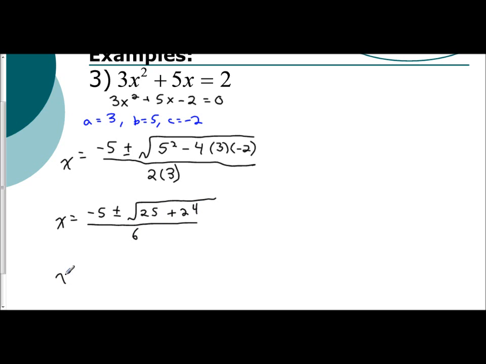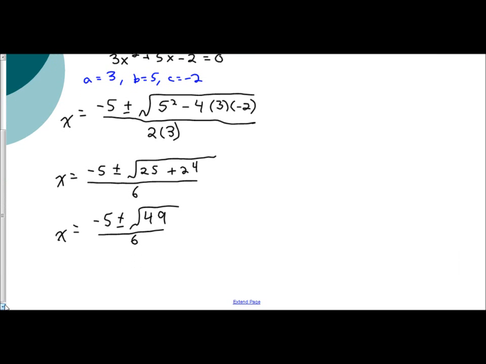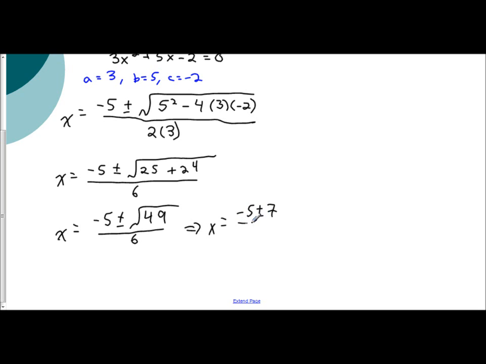Keep simplifying in the radical. You get negative 5 plus or minus the square root of 49 over 6. Simplify your radical. The square root of 49 is 7. And so really, x equals negative 5 plus or minus 7 over 6.